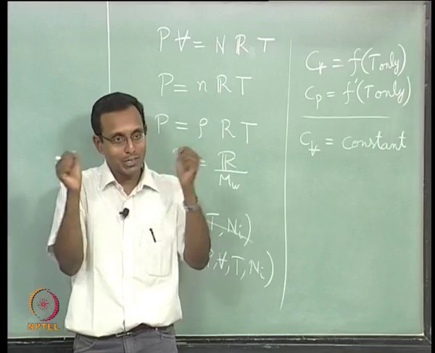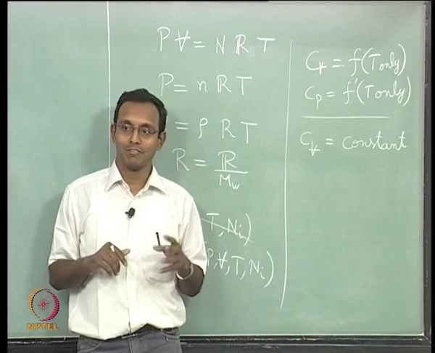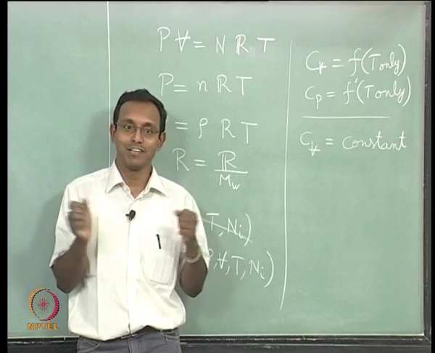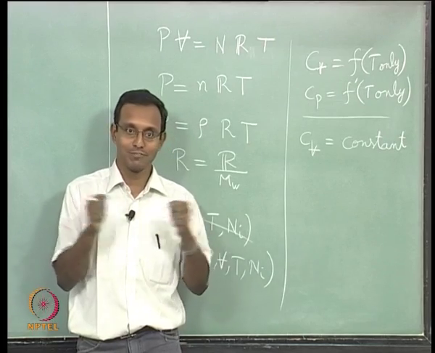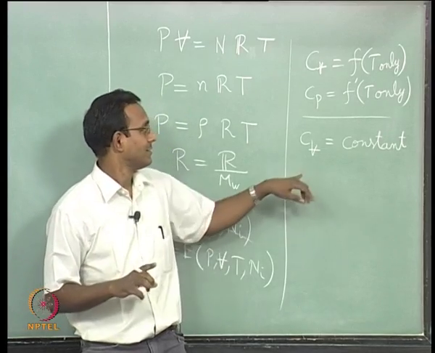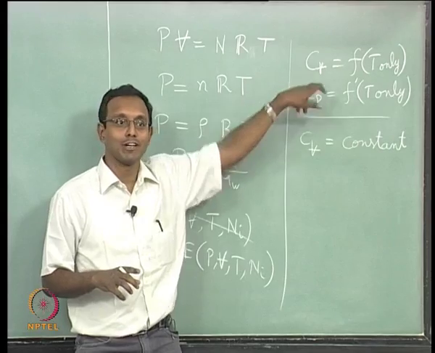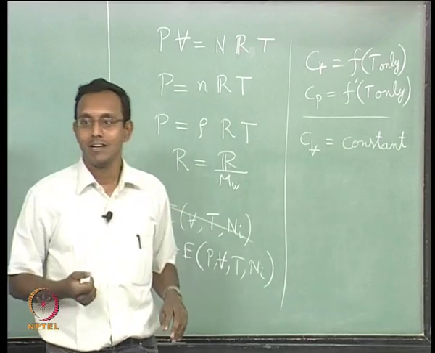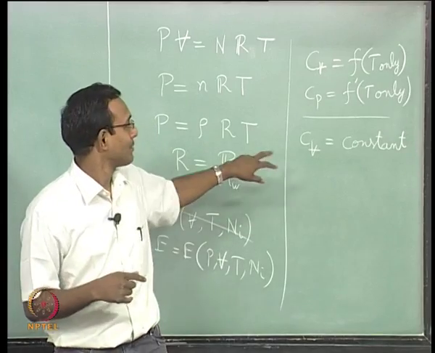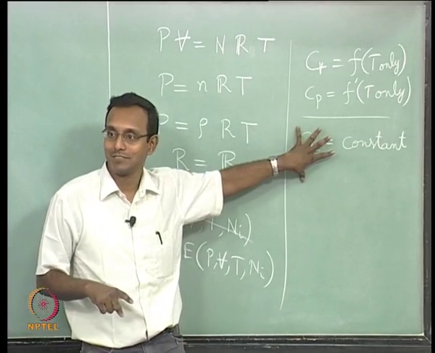Till that time, that particular vibration is not significant, there is not much energy stored in it, we neglect it and it is okay. But when we go to very high temperatures of the order of 2000 Kelvin for oxygen, it matters. A significant amount of energy given to oxygen will be taken for vibration of this bond. So then it matters, at that time we cannot neglect this Cp variation. So I will go back to thermally perfect, I will not use calorically perfect gas in such situations. Typically when we go from regular gas dynamics to high temperature gas dynamics, we will switch from calorically perfect gas to thermally perfect gas. Of course, in this course we will still continue with calorically perfect gas.